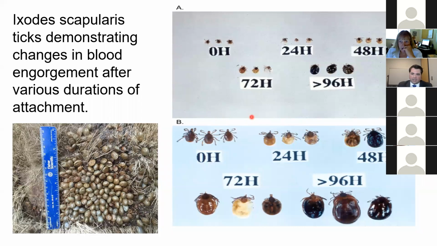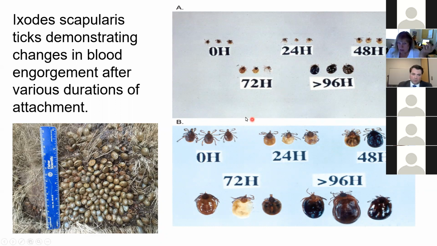And these ticks can get quite large. Here, they've been attached to volunteers, and they record how long they've been attached and how long it takes them to get large with all of this blood. And this becomes important when a patient comes in and shows you the tick, or the patient is worried about how long it's been attached for.